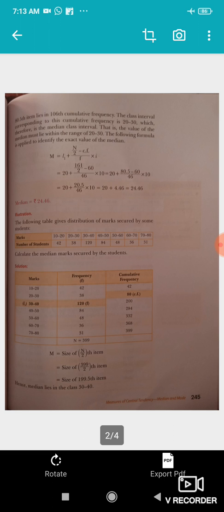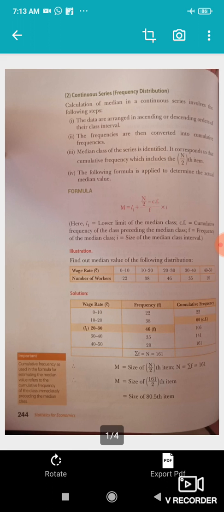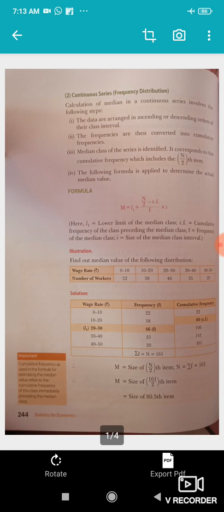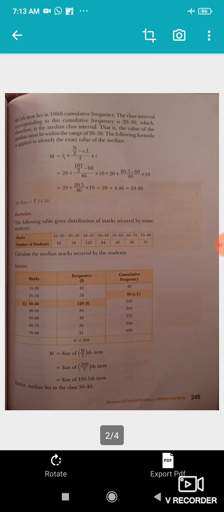So 20 plus n by 2, that is 161 upon 2, minus Cf, the cumulative frequency preceding the one that has come. 106 has come, so we'll take the one before that, that is 60. So 60 will be taken here, Cf upon f. f is the frequency in front of that class interval, that is 46, into i. i is the difference of the class interval, 20 to 30, the difference is 10.